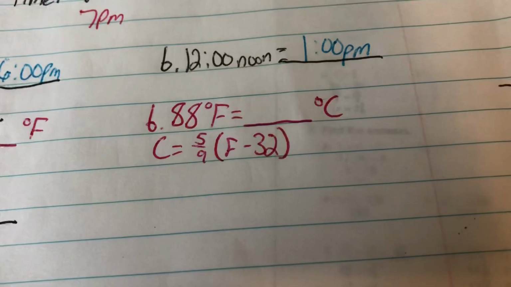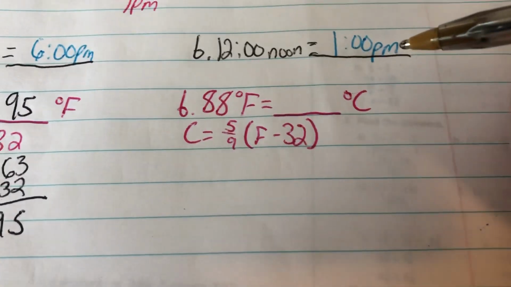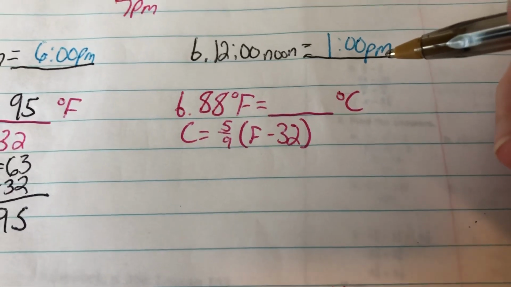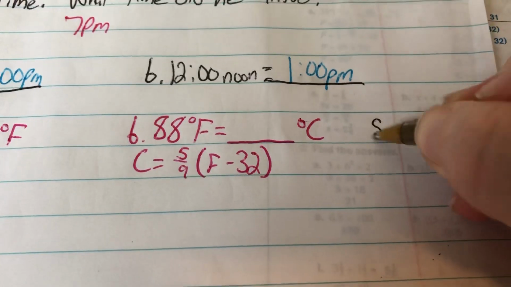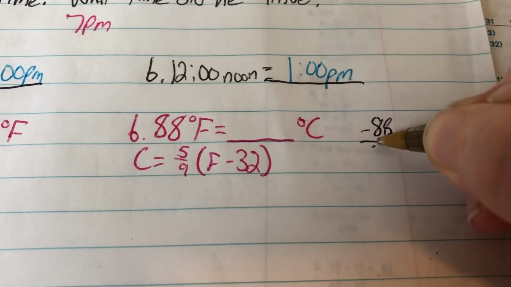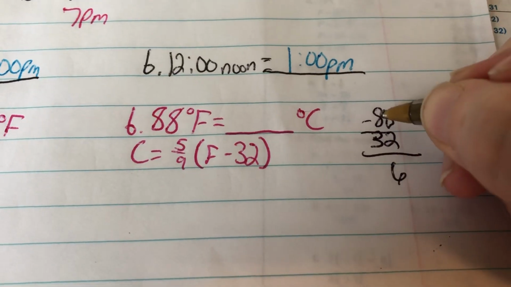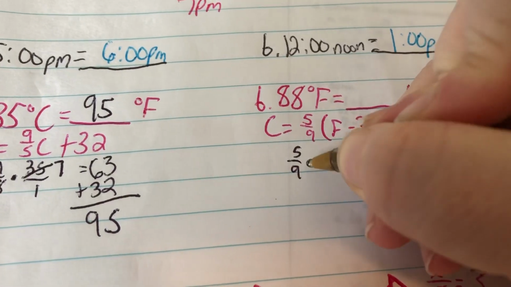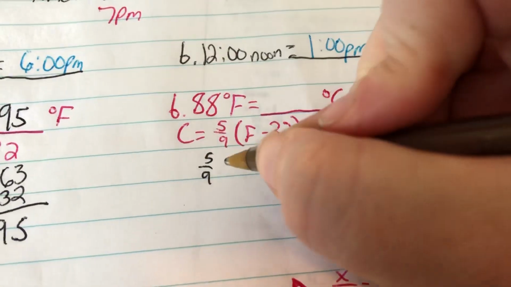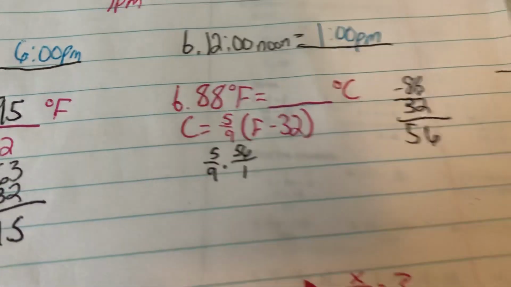For B, it gives us 88 degrees Fahrenheit and wants to know what that is in Celsius. So the formula for that is 5/9 times the quantity F minus 32. So the first thing, since that's in parentheses, is we subtract 88 minus 32. 8 minus 2 is 6. 8 minus 3 is 5. So then it becomes 5/9 times 56 over 1.